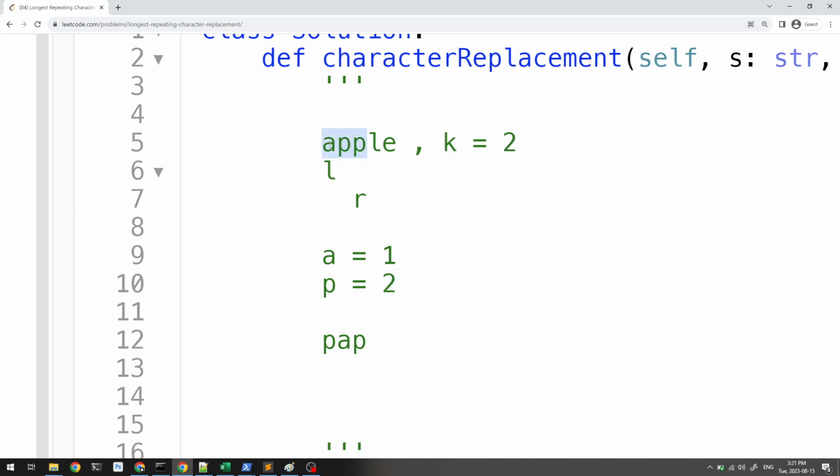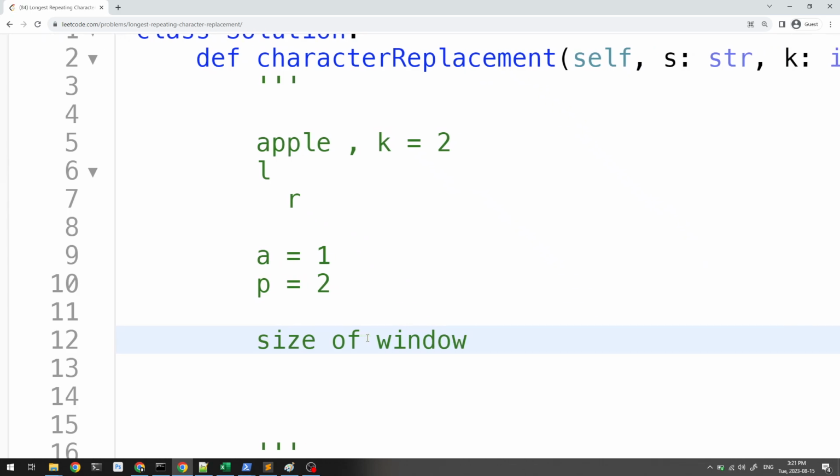So what I would like is to replace the remaining characters, which is just A in this case, as much as I can such that we abide by the K property. So here we have some sort of condition. What the condition could be is size of window minus max occurring character.